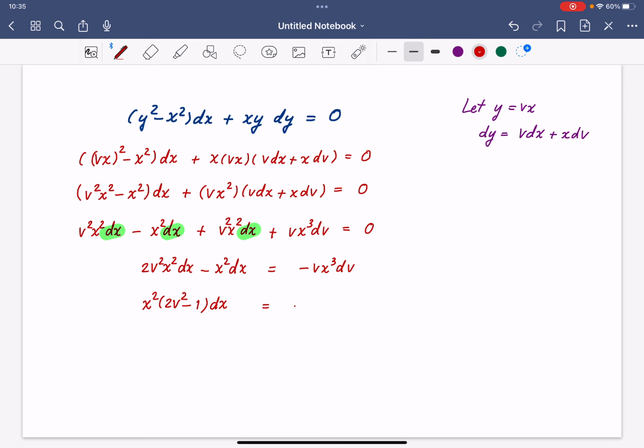On the right hand side, we have minus vx cubed dv. So I move x to the left, so I have x squared over x cubed dx, and on the right hand side I have minus v over (2v squared minus 1) dv.